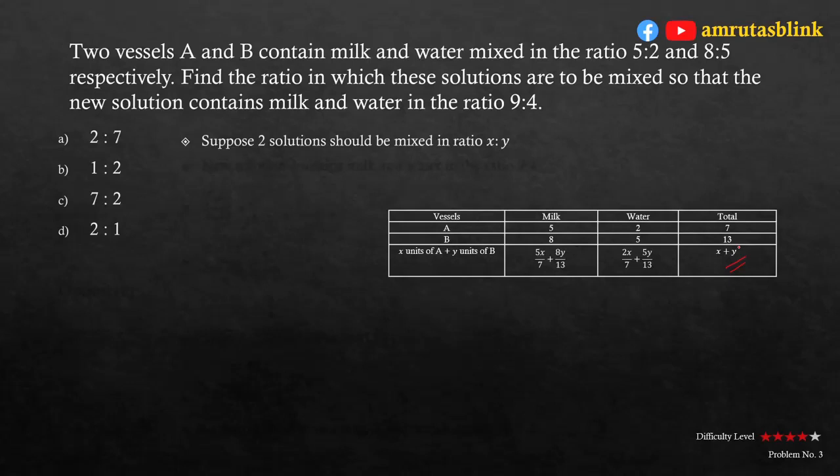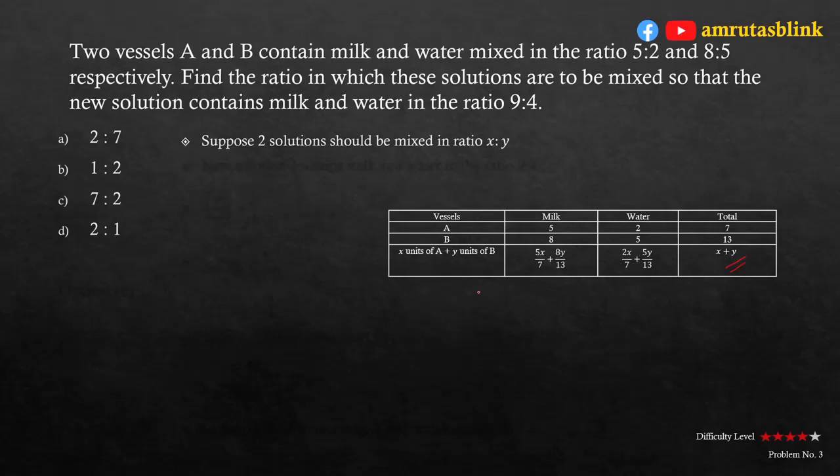Now when we say that there are x units of A, we know that in vessel A there are 5 units of milk out of 7. So if you take x units of A, it will have 5x upon 7 units of milk, and similarly 2x upon 7 units of water.